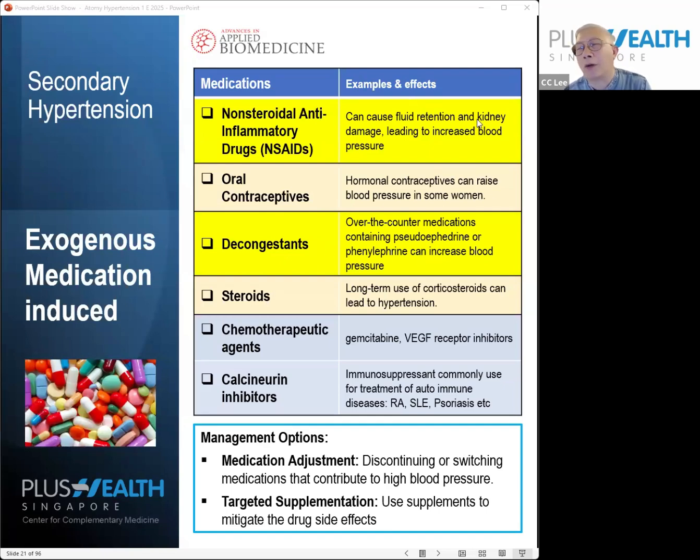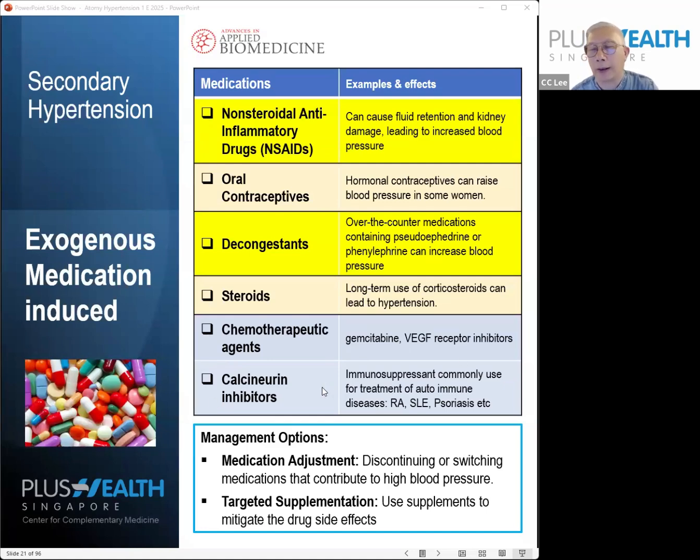So therefore, I'm not too concerned about that. While you're taking these medications, you've got to be careful about your blood pressure, especially if you are suffering from hypertension. Do measure your blood pressure. So that means if you are suffering from hypertension and you are taking a painkiller or a cough syrup and so on, right? Do take care of your blood pressure. Make sure that it doesn't overshoot, right? And of course, chemotherapy drugs can cause that.